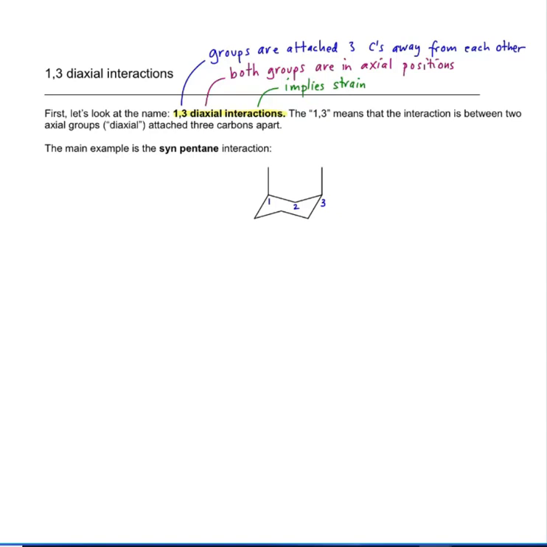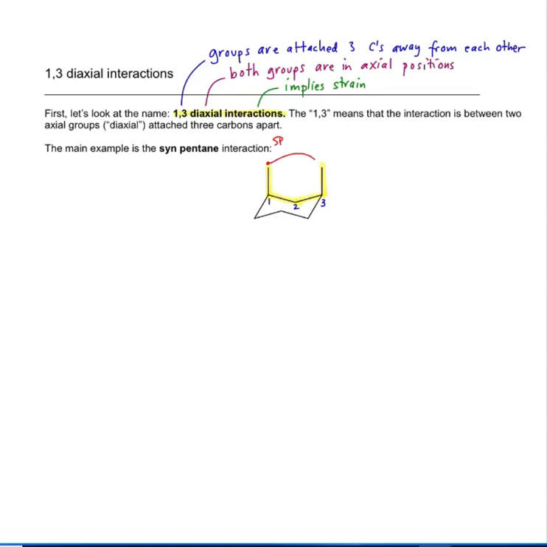Okay, so the main example of this is the one shown here, and this is called a syn-pentane interaction. Unlike a gauche-butane interaction, which has 4 carbons involved in its pattern, a syn-pentane interaction has 5. So we're going to abbreviate this as SP.